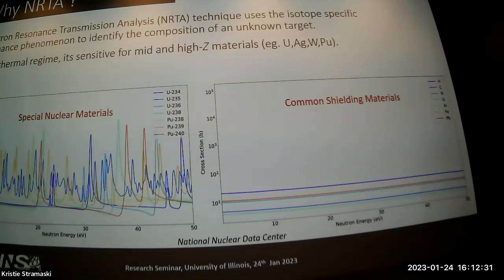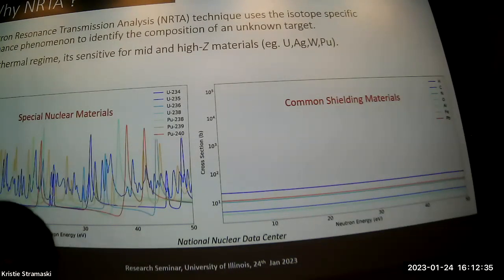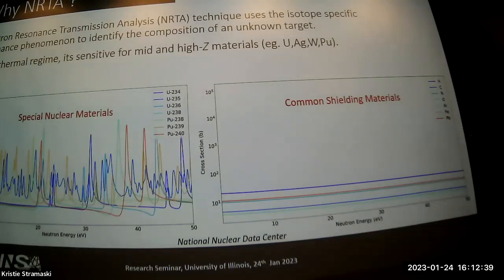Now, one of the other very attractive things about NRTA is this: on the left side is the resonance plot for the important uranium and plutonium isotopes in the energy range of 1 to 50 eV. Now on the right is the same plot for common shielding materials. You see that there are no resonances in that energy range.